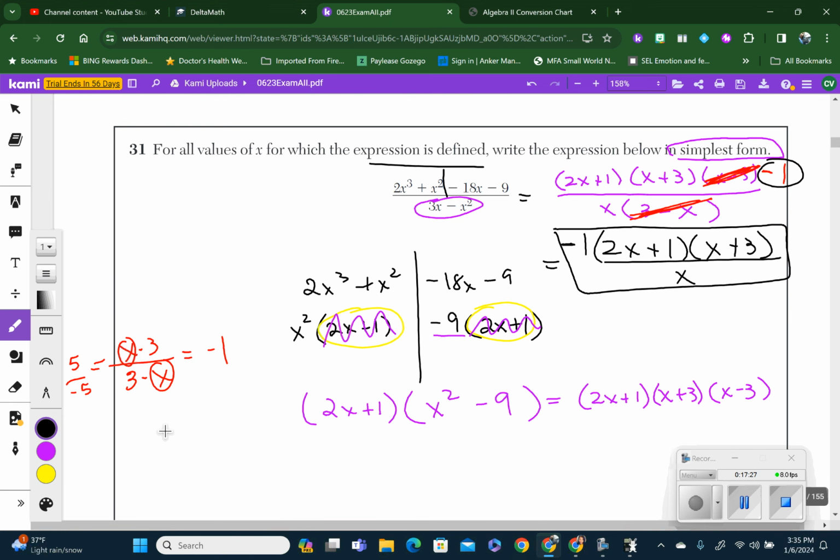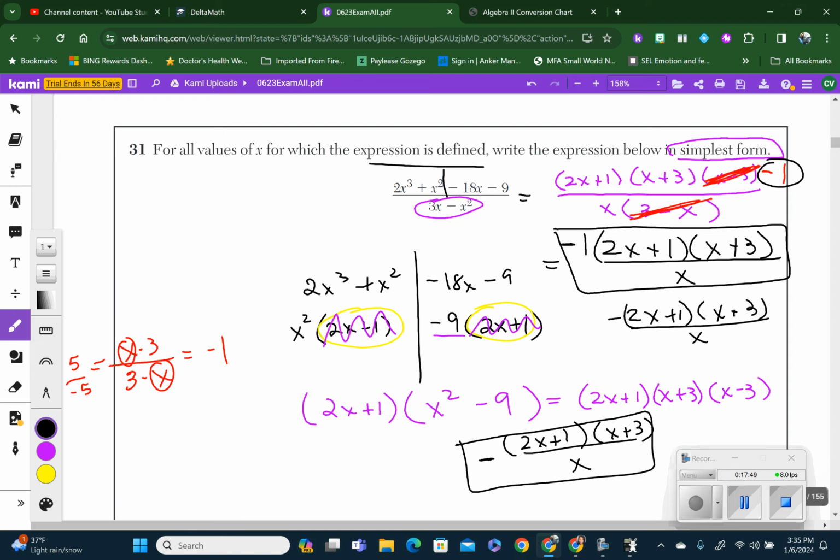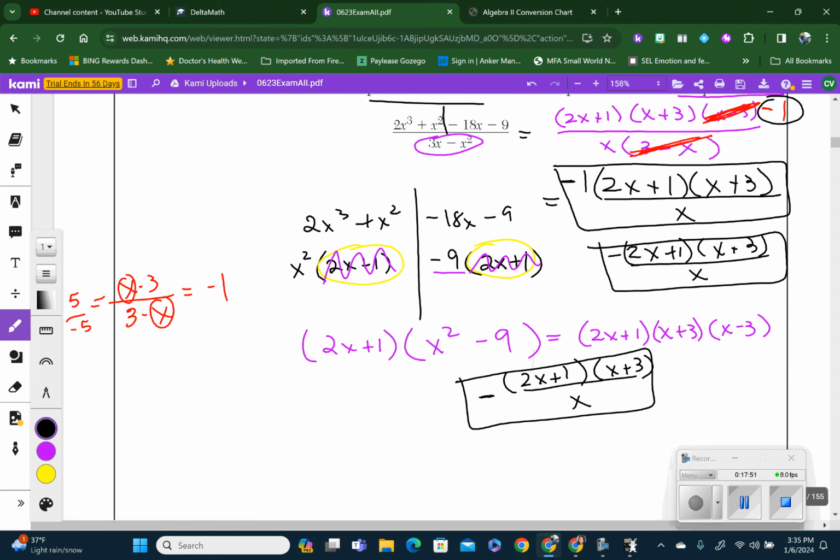If you didn't want to, you could put -(2x plus 1)(x plus 3) over x. That's another answer. If you wanted to, you could put (2x plus 1)(x plus 3) over x with the negative sign out in front. Any of those answers would work, and you'd be completely correct.